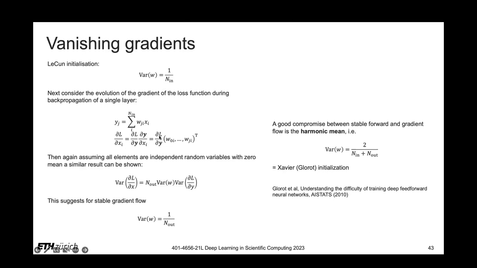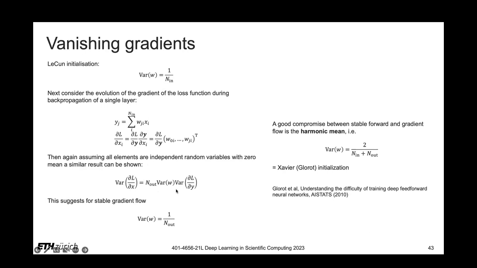For this particular output, this is what it looks like. And so what we want is this derivative with respect to x here, the variance of this, to be similar to the variance of this, which is the gradient before that layer. And so again, if you assume that these are random variables, etc.